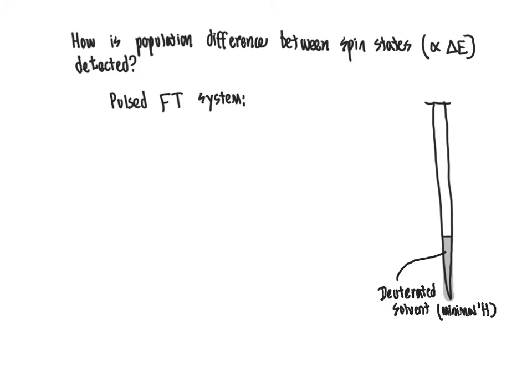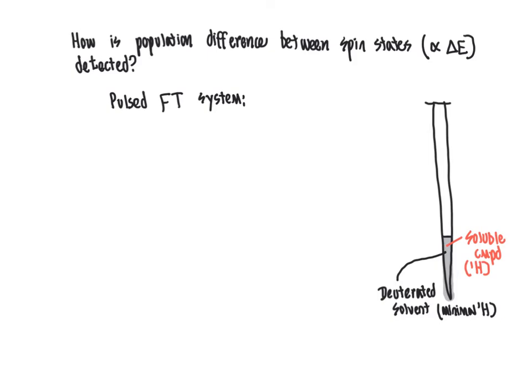And so deuterated solvent with your compound solubilized in there, and that compound that you have solubilized has your hydrogen 1 present, and so it's detected in that pulsed Fourier transform system.